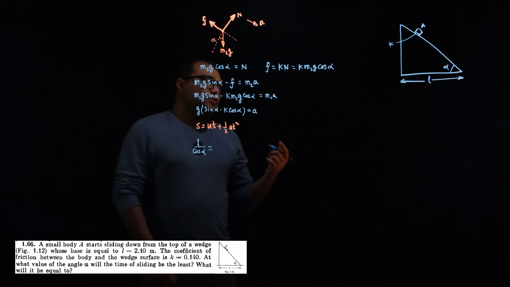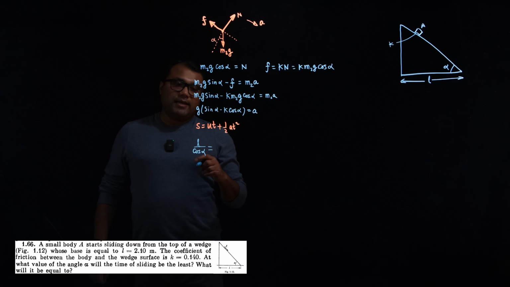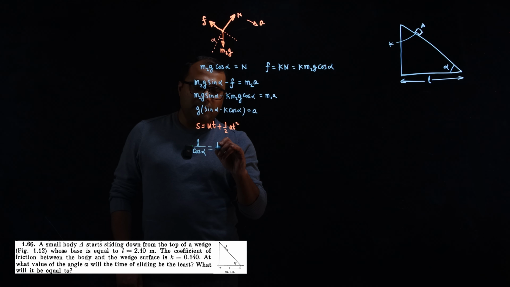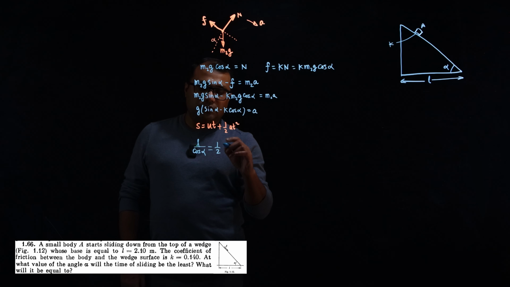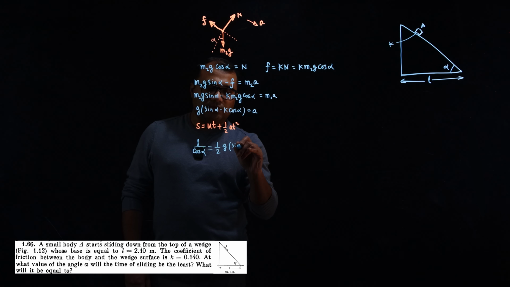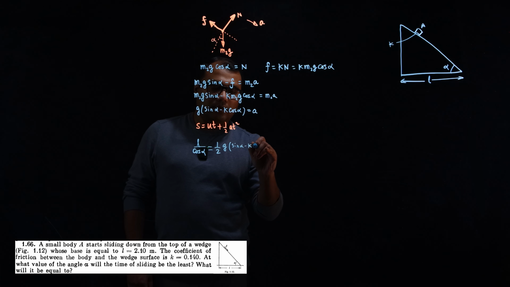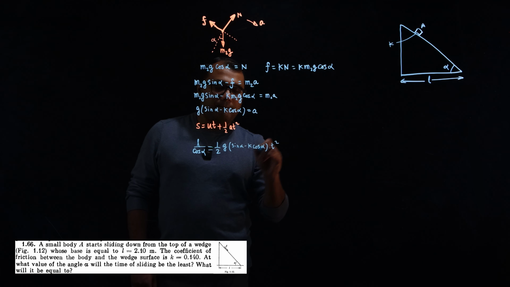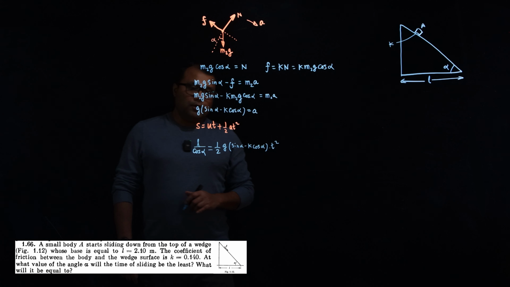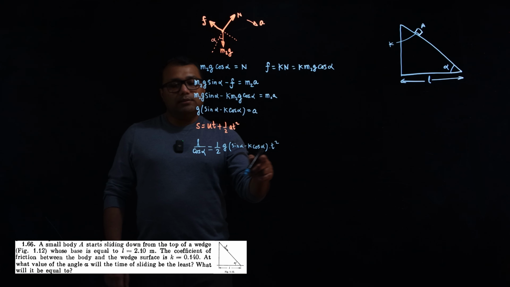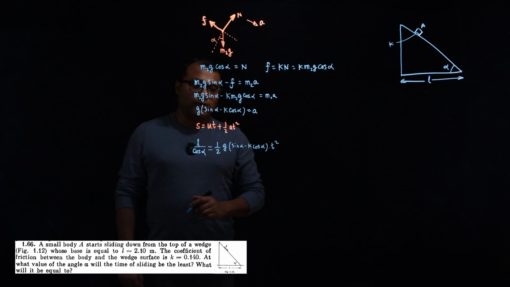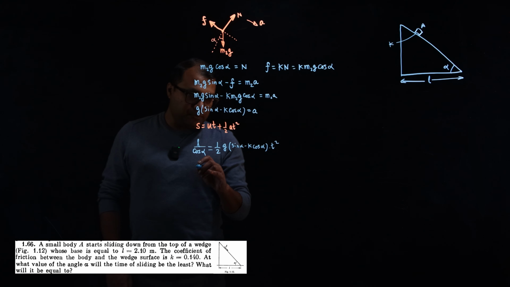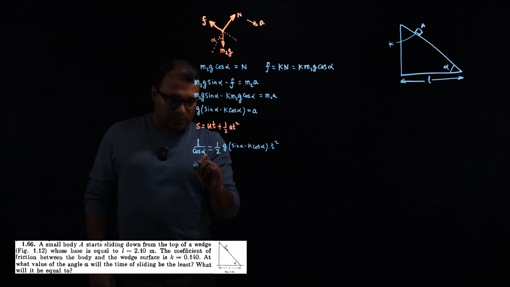Initial velocity is 0 because it starts sliding, and the remainder is half a t square. So for a, we can substitute this value, g times sin alpha minus k cos alpha, times t square. So now we got an expression where t is a function of alpha. We can further simplify this.